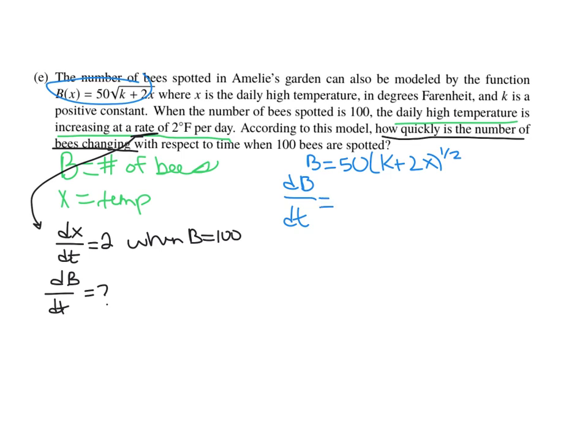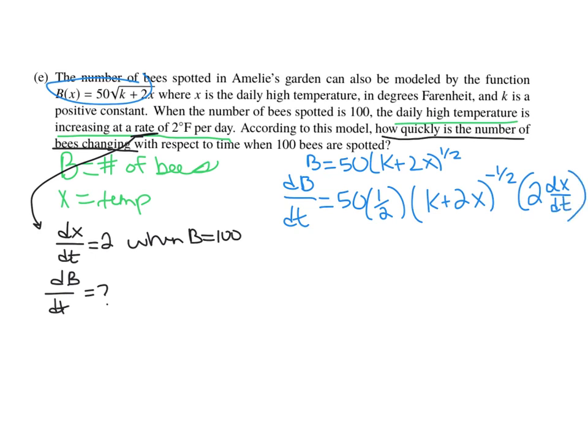So my dB/dt is going to be 50 times 1/2 times (k plus 2x) to the negative 1/2. Now I need to use the chain rule, and I need to multiply by the derivative of the inside, which is going to be 2, but I also need to multiply by dx/dt.